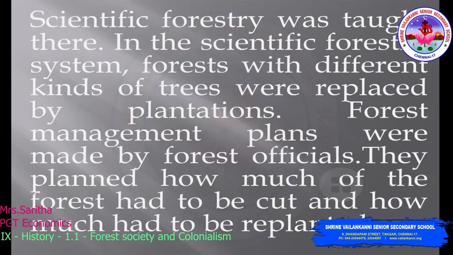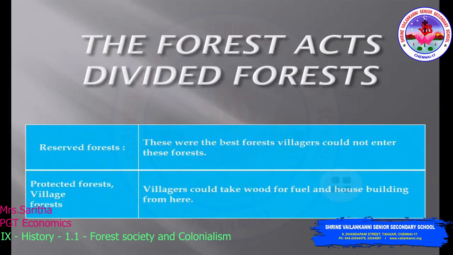The Forest Act of 1865 was amended twice, in 1878 and 1927. The 1878 Act divided forest into three categories: reserved forest, protected forest and village forest.